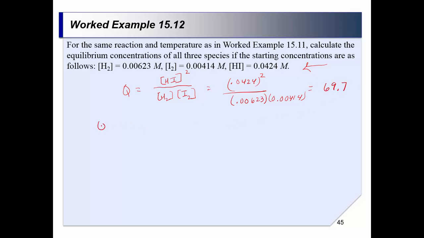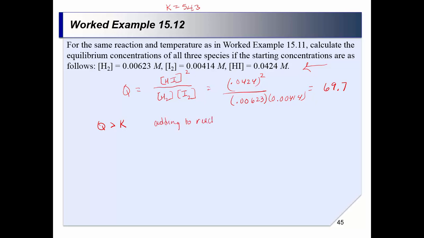Since Q is greater than K, remember my K, I'll write it up here, I guess. K was 54.3 if I'm not mistaken. Yes, 54.3. So because Q is greater than K, that means we have too many products and we will be adding to our reactants.